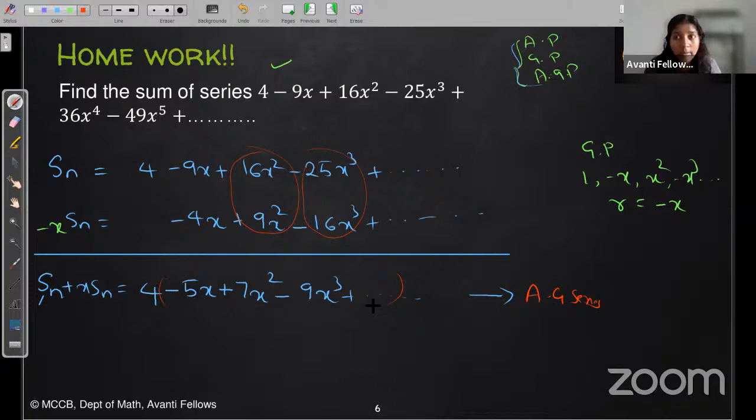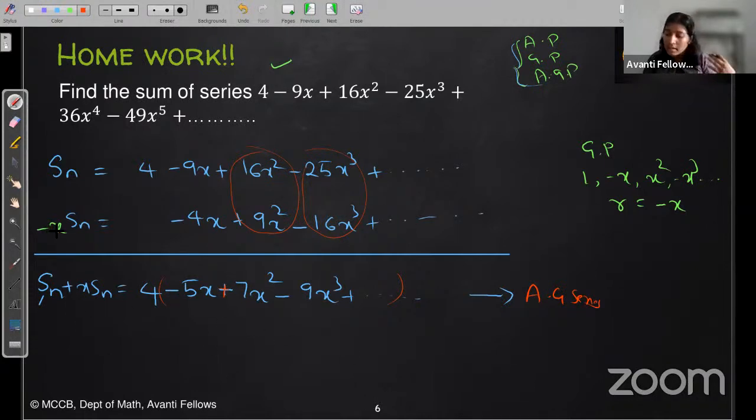It's an arithmetico-geometric progression where the common difference is 2. Here we have 5 plus 2, 7 plus 2, 9. So the common difference of the AP is 2. And we have a geometric progression that is minus x squared, minus x cubed, where the common ratio is minus x. Correct? As we are unable to find a geometric series here, we'll repeat the procedure.